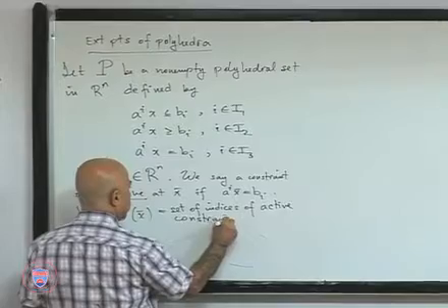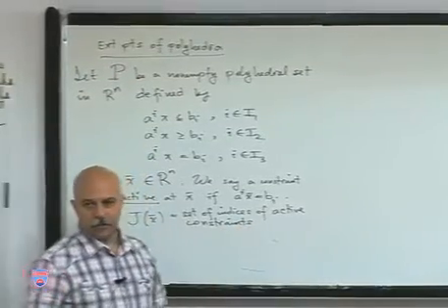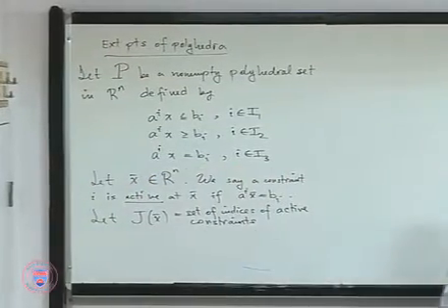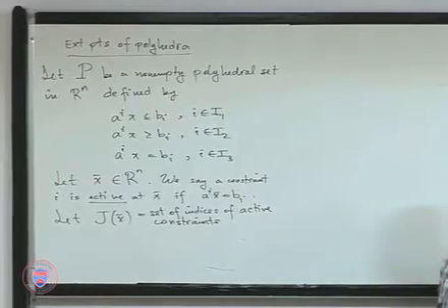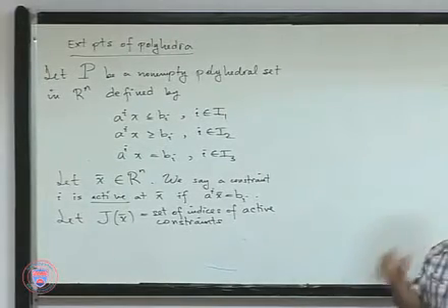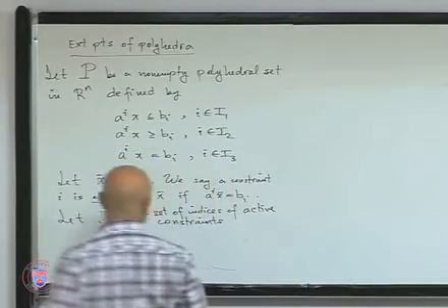Some people refer to active constraints as binding constraints, which is fine, so we may use that term as well. I don't know if there's any other term anyway, binding or active.